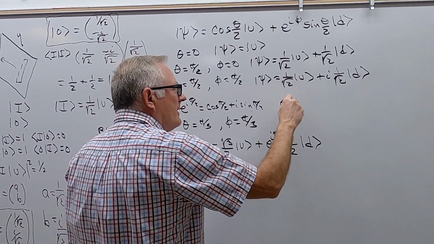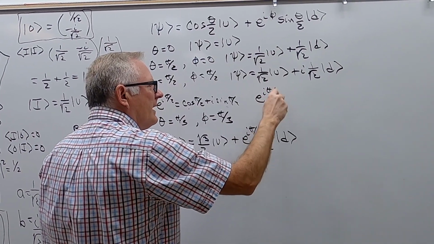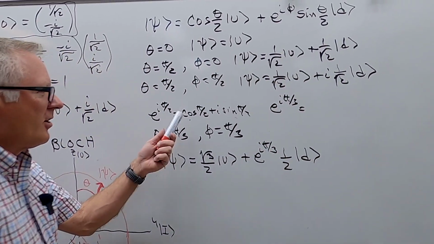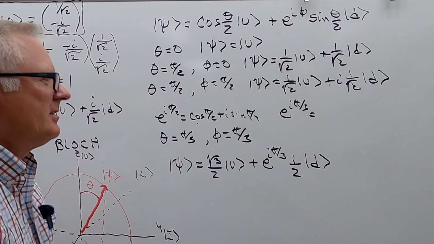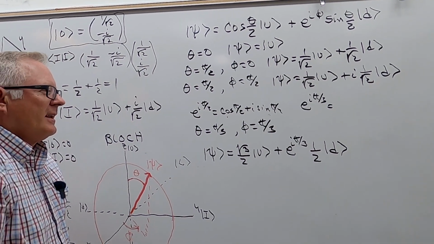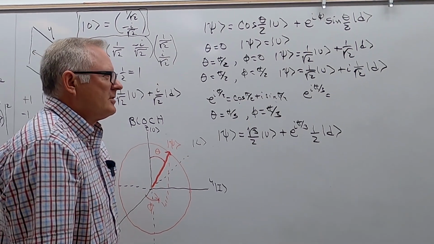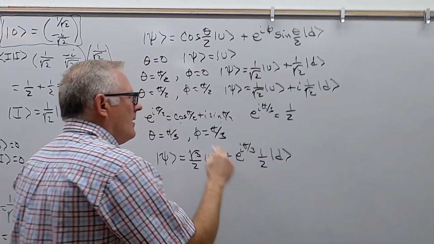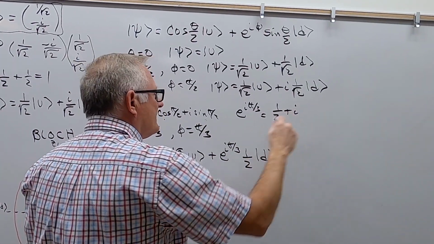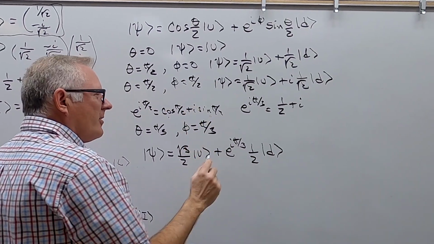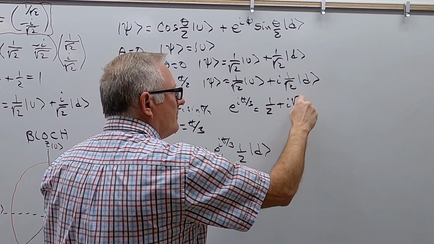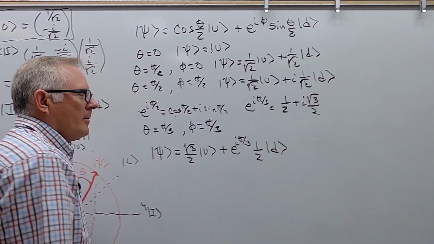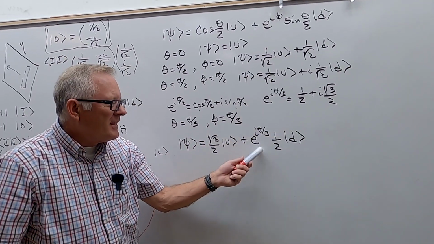E to the i pi over 3 is equal to the cosine of pi over 3, which is 1/2, plus i sine of pi over 3, which is the square root of 3 over 2. Okay, so I could have put that into here.